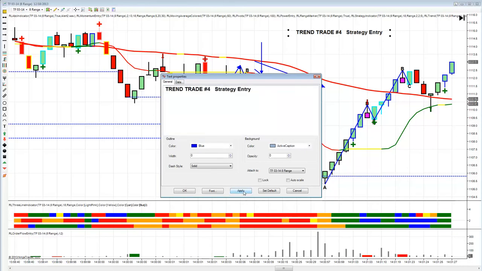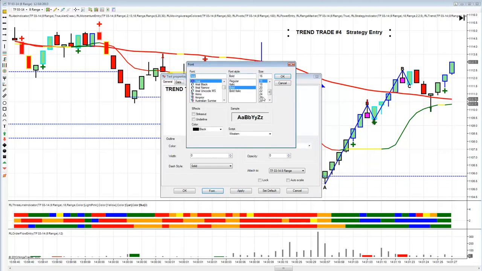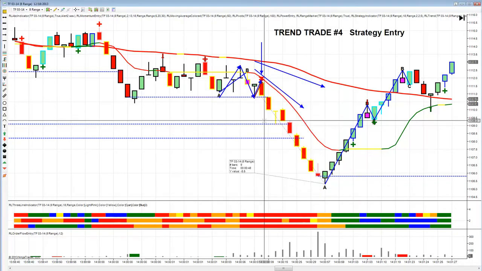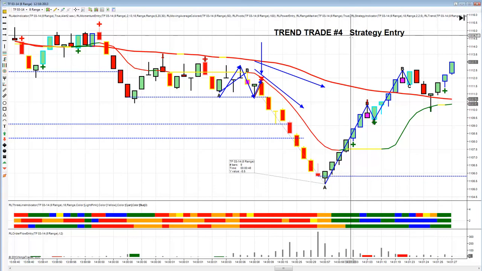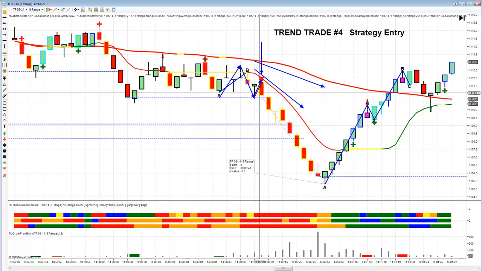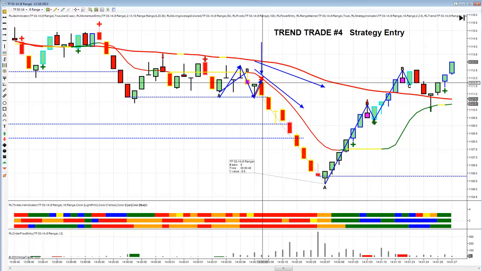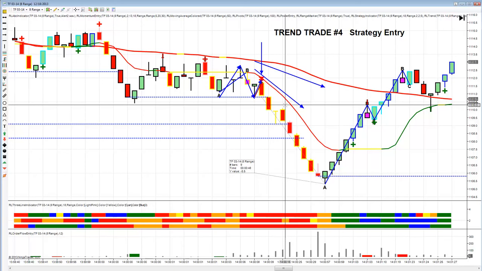I believe that institutions create the trend. We want to be with them on every trade, and when we trade in a confirmed trend, and we take these retracements into an intact downtrend or an intact uptrend, as defined by both our 50 and our 15, and also by order flow, stochastic, and momentum, we're taking an extremely conservative entry.